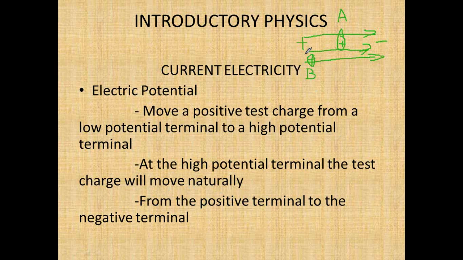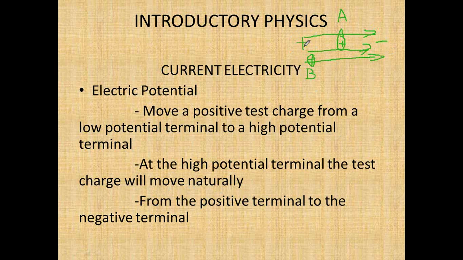You're going to increase the electric potential. And then once you release it, the natural tendency is for the charge to move in this direction because it's going to be attracted to this terminal. We call this positive terminal the high potential terminal, and the negative terminal the low potential terminal.